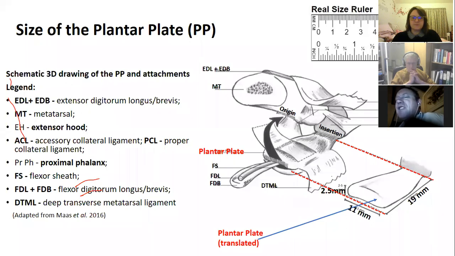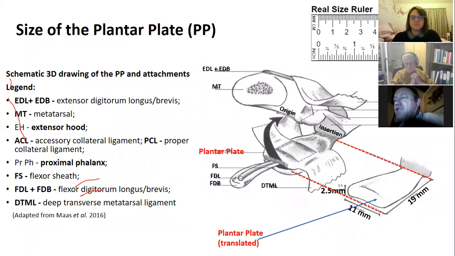If we translate the plantar plate away from that diagram, in other words, we follow the red dotted lines, we can see the structure that is concave on its upper surface and flat on its bottom surface. And just at a point of interest, we can see the flexor tendons going underneath it. But look at this, it's 11 millimeters on average across, 19 millimeters long, and 2.5 millimeters deep.